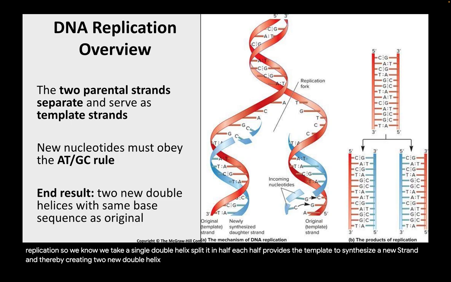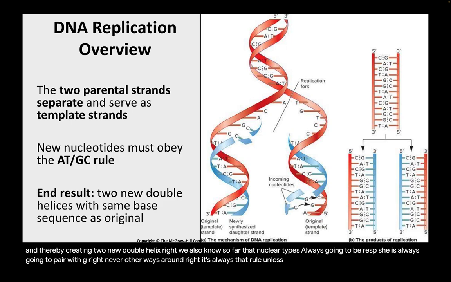We also know so far that nucleotides in DNA have to obey the rule of base pairing: A is always going to pair with T, C is always going to pair with G, never other ways around. It's always that rule unless a mistake is happening, which is very rare.